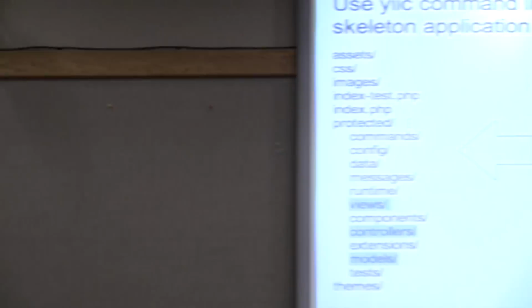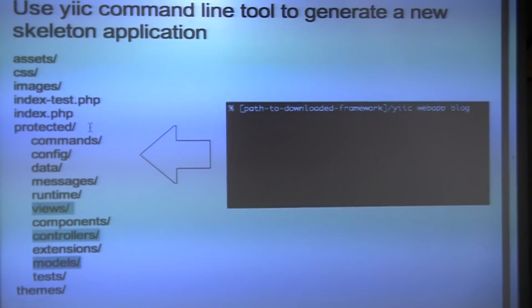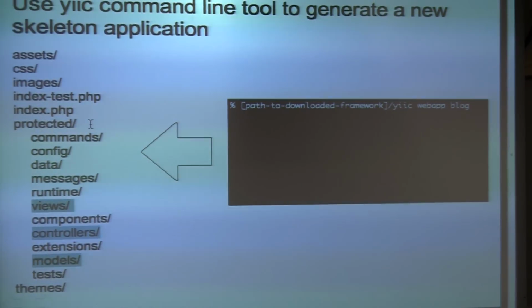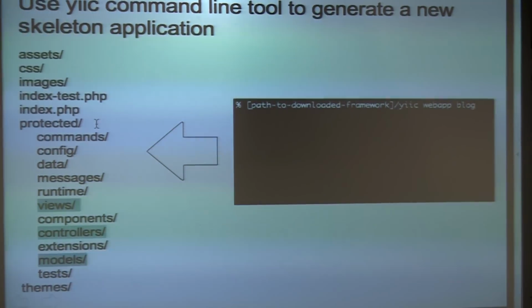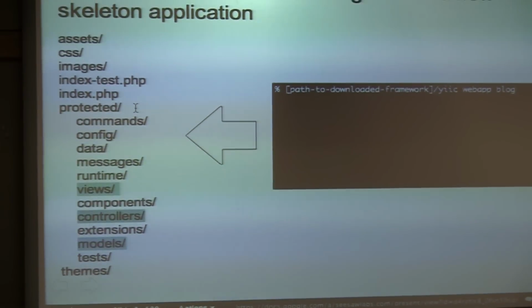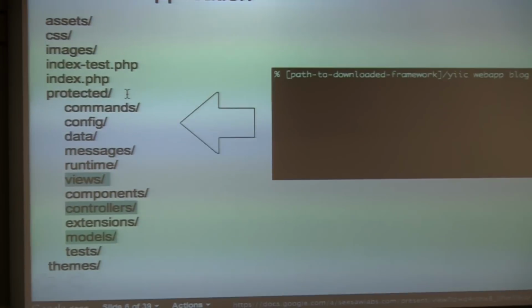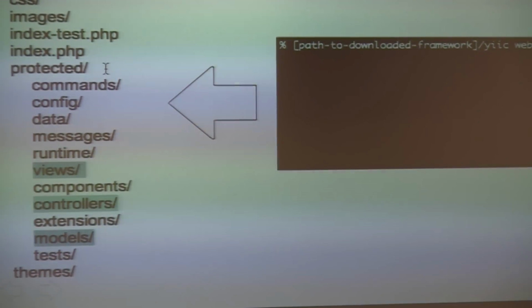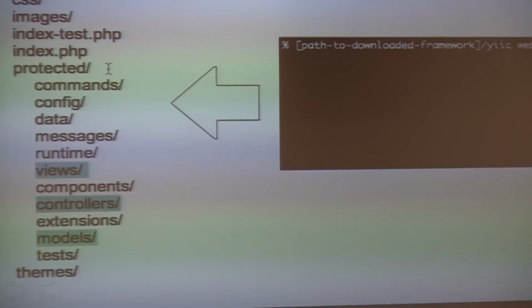And I've highlighted sort of the separation that underscores the MVC architecture. So it's got a place to put your models, which is by default named models. You can override that if you like. It's a pretty standard thing to call it. Your controllers, not surprisingly, are in a controllers directory, and your views in views.